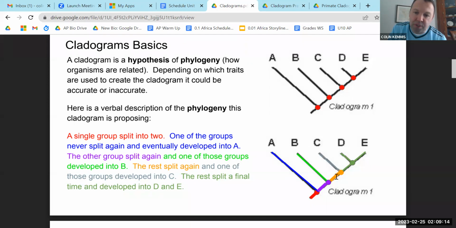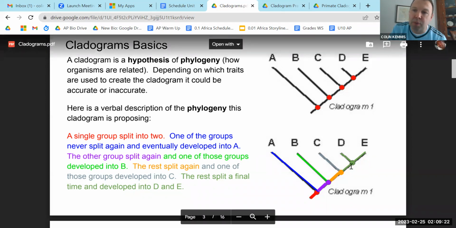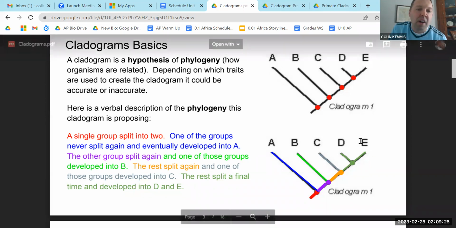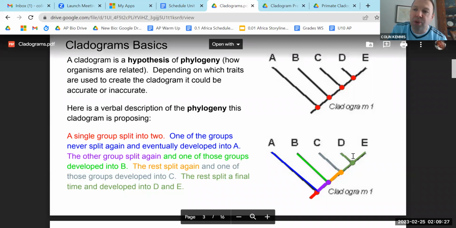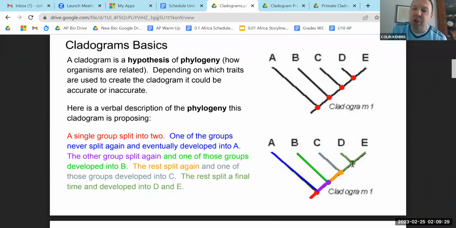Then this evolved here on its own in orange with C splitting off. And then this evolved on its own in green. And this is the most recent split between D and E. These are the most closely related because they share the most recent common ancestor, the shortest amount of time there. On these cladograms, they don't give years or thousands of years or millions of years.